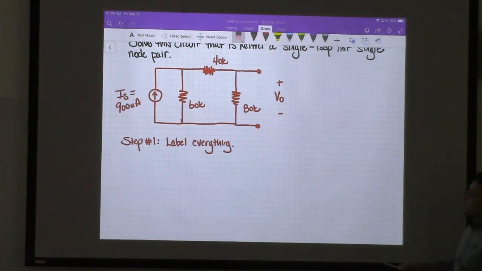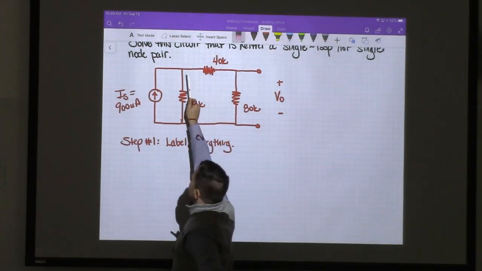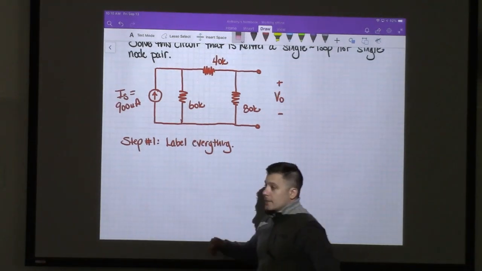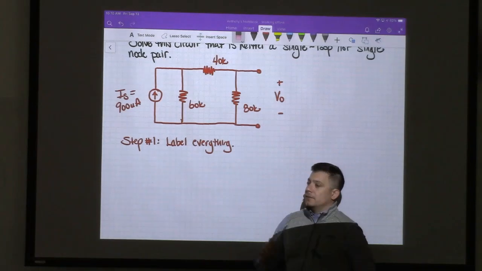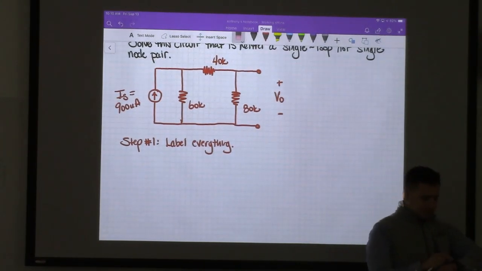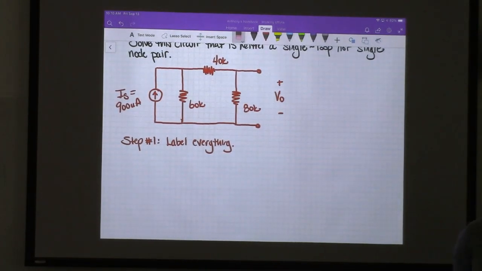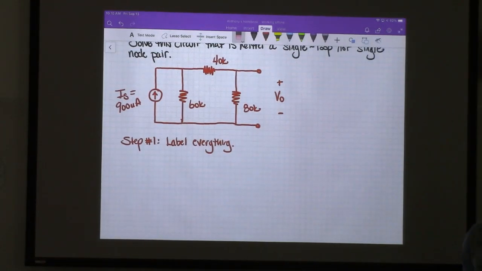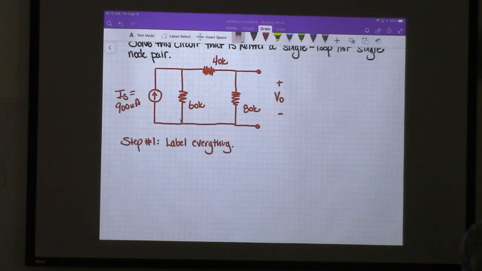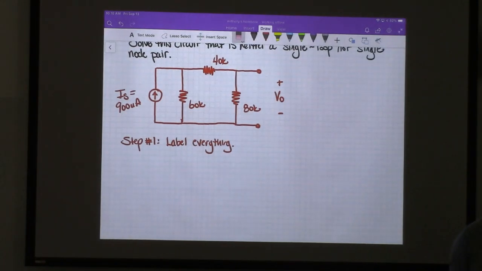If you imagine right here that we know the voltage between these two points, what will the relationship between the voltage here and the voltage here be? Does that look like anything? We talked about it last time. It's a voltage divider.